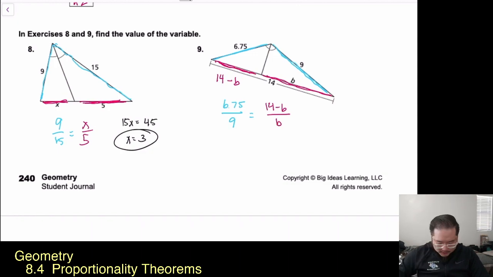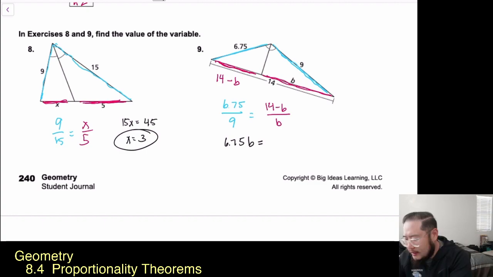So now let's go ahead, we'll cross multiply, solve things out. I've got right here 6.75b, and that's equal to 9 times 14, and let's see here, that happens to get us 126 minus 9b. So let's go ahead, we'll get b by itself.